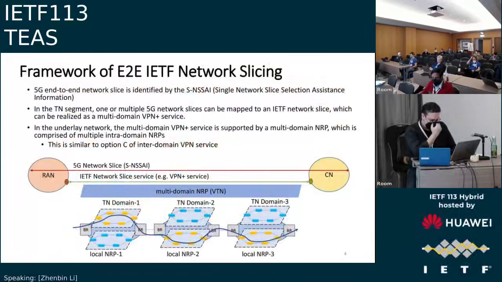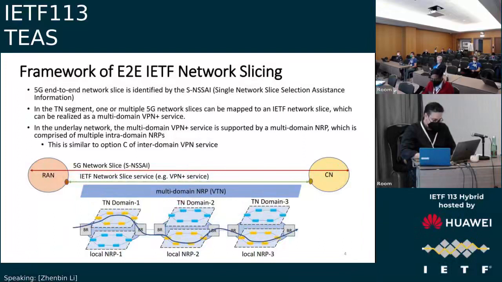Okay, so here we can see the framework for the end-to-end. There's the 5G end-to-end network slicing, which uses the SNSSAI to identify the end-to-end 5G network slice. And for the transport network, there are multiple domains, so we also have the inter-domain IETF network slicing work.